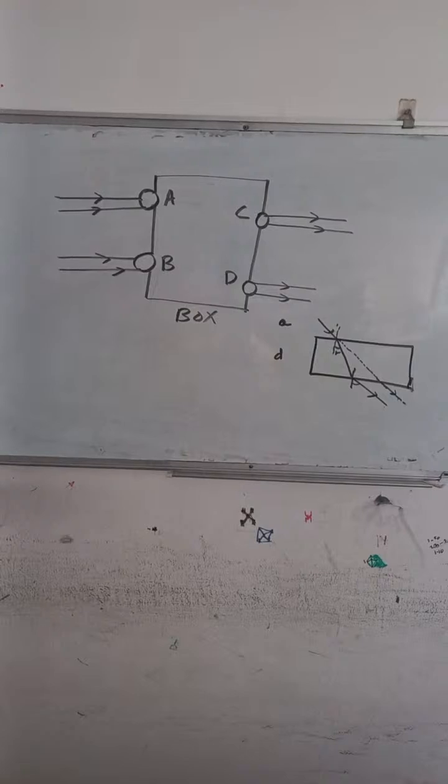Write down the next question. A beam of light is incident through the holes on side A and emerges out of the hole on the other face of the box, as shown in the figure.